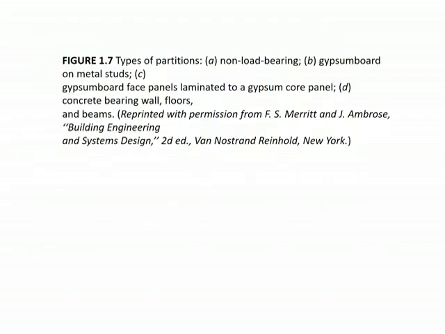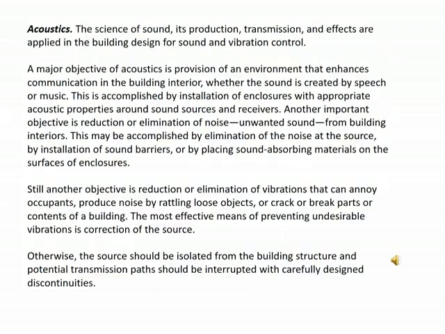We're talking about acoustics. The science of sound is its production, transmission, and effects, applied in the building design for sound and vibration control. The acoustic system is used when we want to control the sound and vibration inside the building, so we have to utilize acoustics. A major objective of acoustics is the provision of an environment that enhances communication in the building interior, whether the sound is created by speech or music.